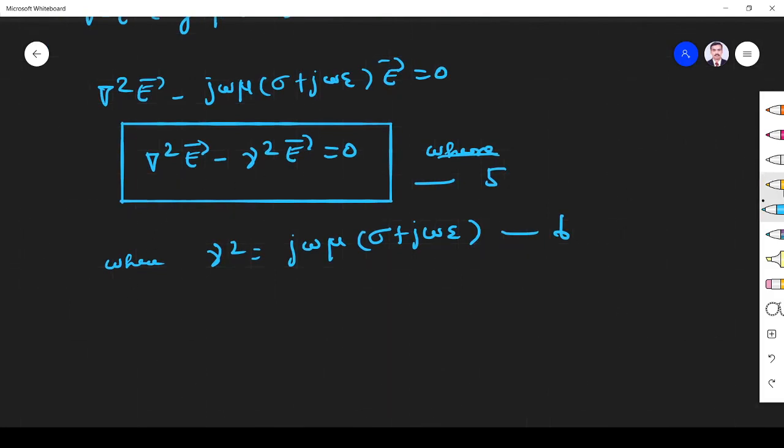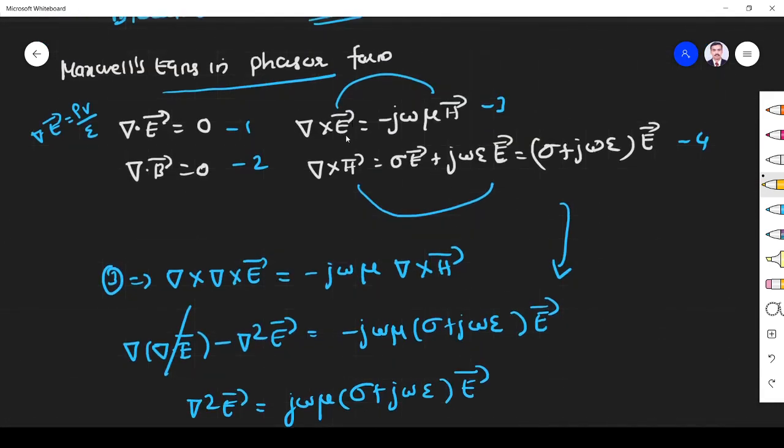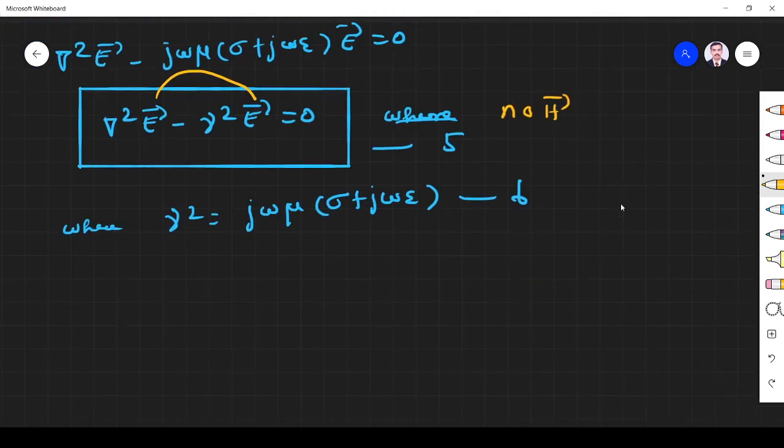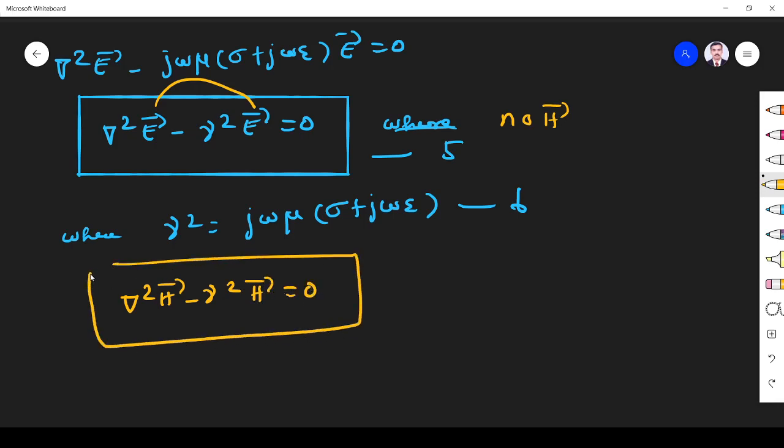Now you see this equation is purely E only. There is no H. In the same way, from this one I got pure E. Similarly, you do the same thing: take the curl on both sides, and when you take del cross E, substitute this value here, you will get the equation del squared H minus gamma squared H is equal to 0.